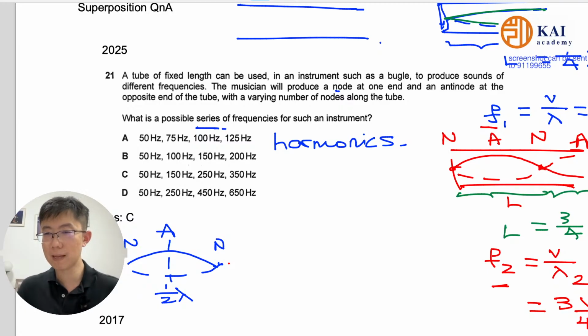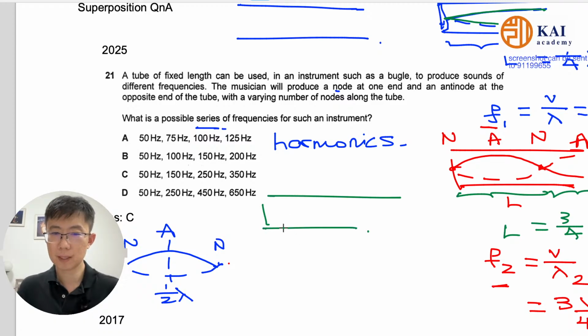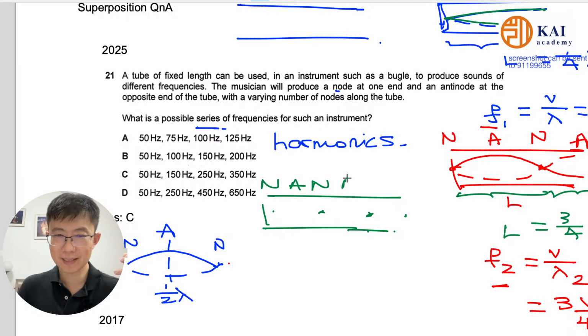Now if you repeat this pattern, say you draw another one. Once you draw the third one, you can kind of work it out already. So this is going to be node, antinode, node, antinode, node, antinode. Each time round, the trick is you just add one more loop, which is half a wavelength.